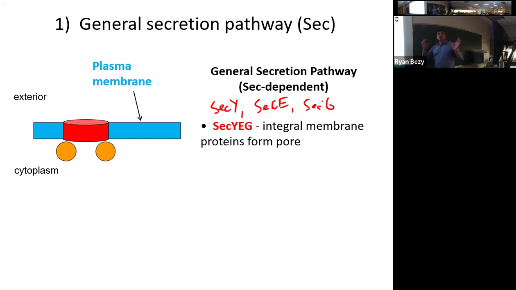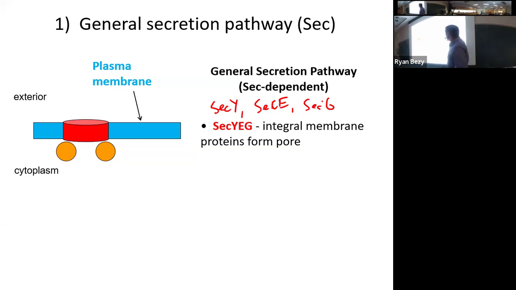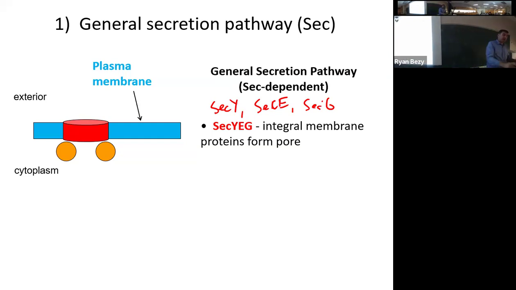But they form this YEG complex. So SecY plus SecE plus SecG will form this integral membrane protein complex that will form a pore or a hole in the plasma membrane of a bacterial cell.